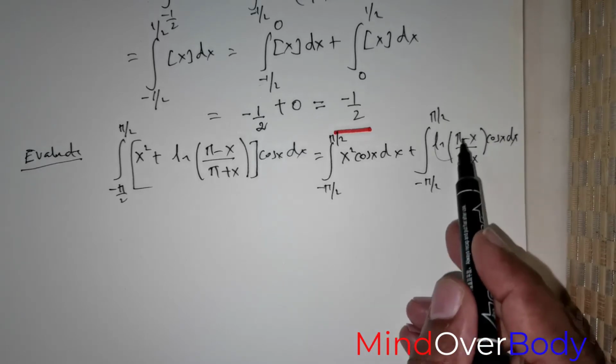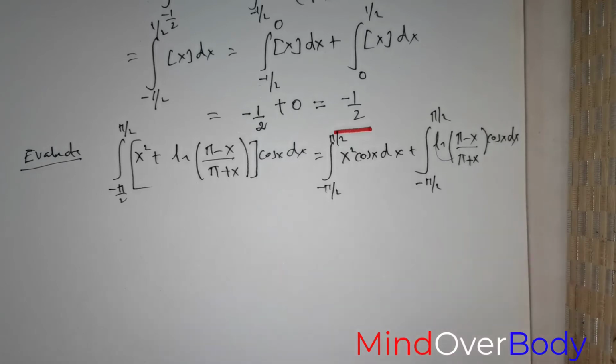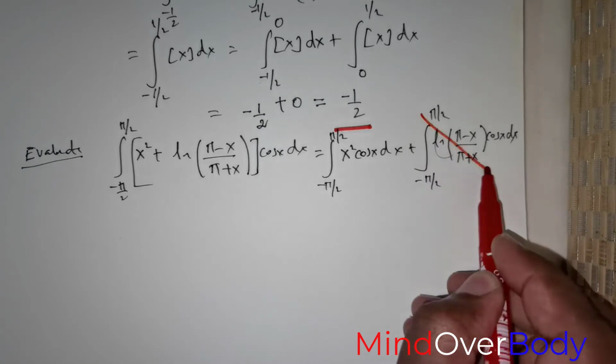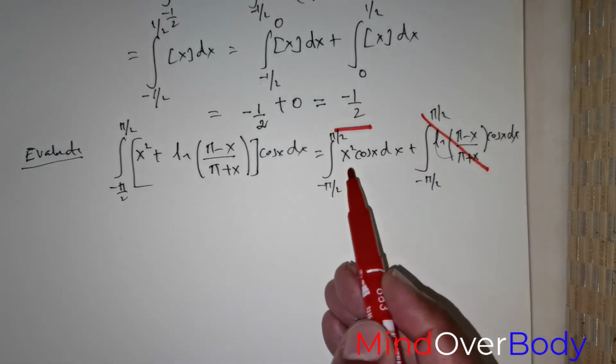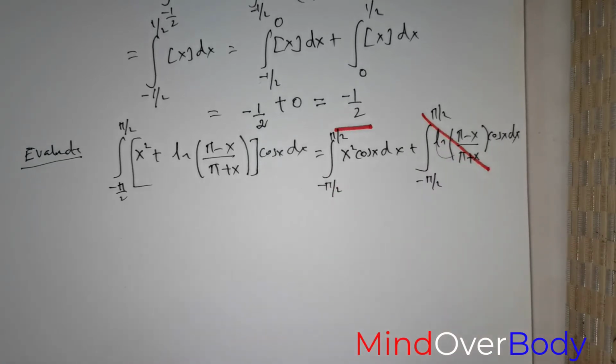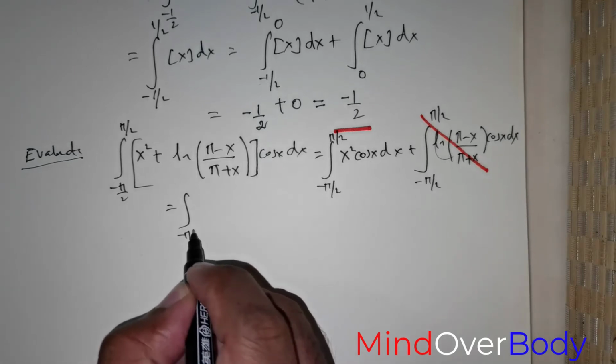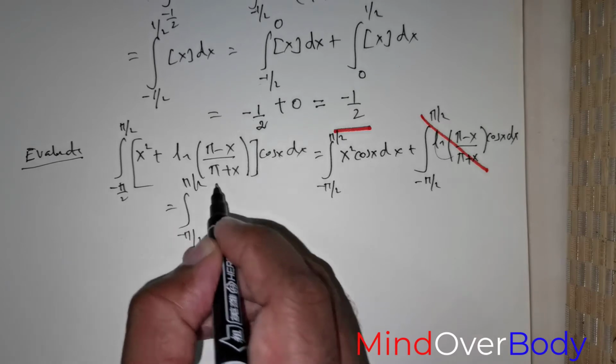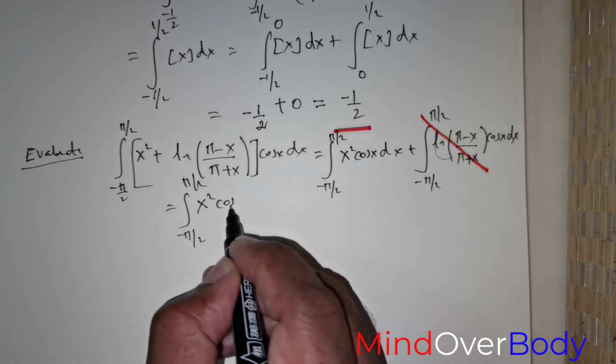Now clearly the second one is going to be an odd function, right? So integrating that would give us 0, but we are left with this. So let me write that down. This is equal to the integral from negative pi over 2 to pi over 2 of x squared times cos x dx.